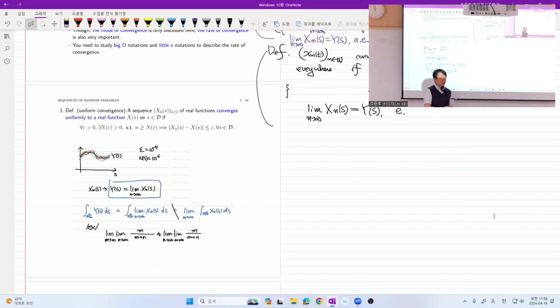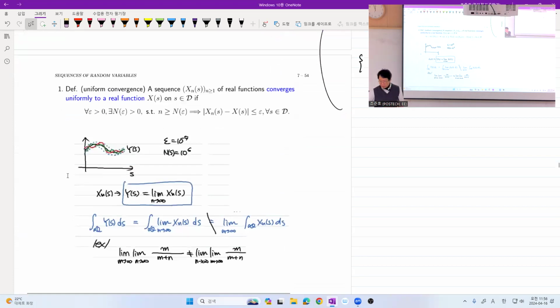Sometimes in engineering problems, what we want is that if we just stop at some point, so we have a sequence of functions and we choose sufficiently large n, the two functions are bounded by a common epsilon.